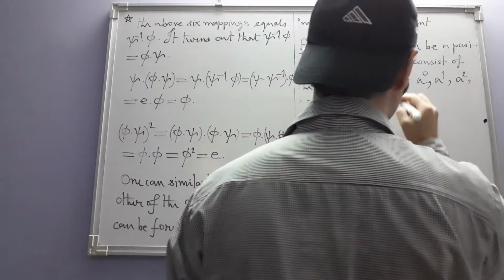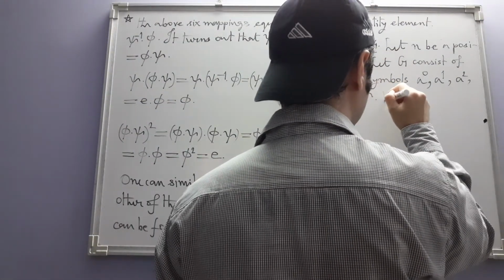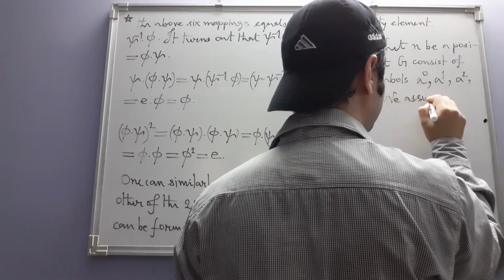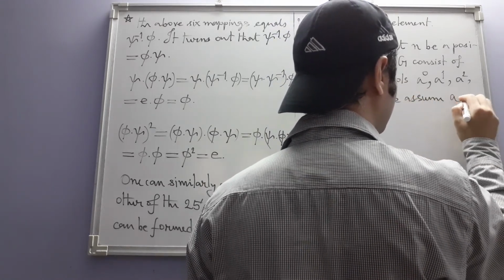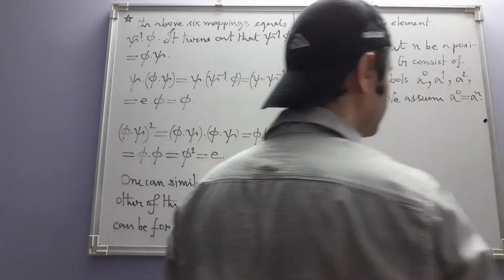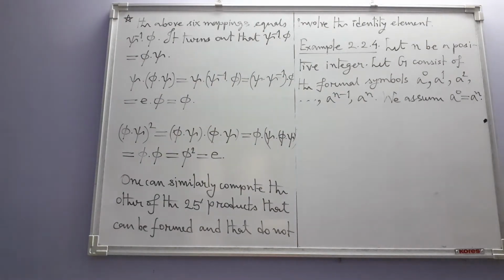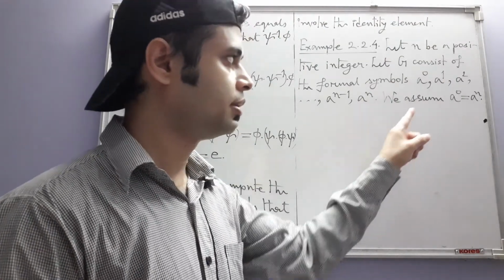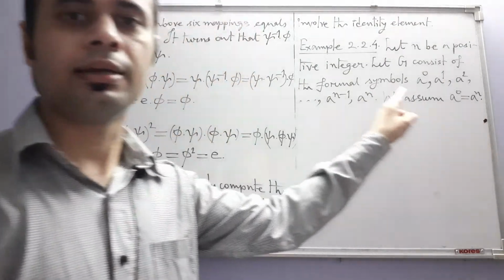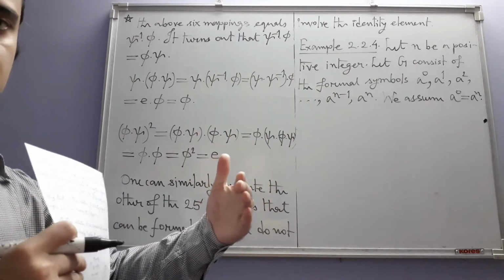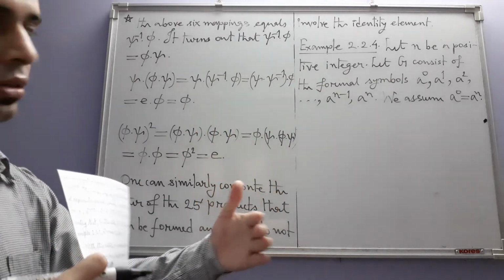Okay, so the first thing, we assume that a to the power 0 is equal to a to the power n. This is a restriction that we are imposing. Keep in mind that since these are abstract symbols, any restriction that I place on them is going to make the set G shrink.